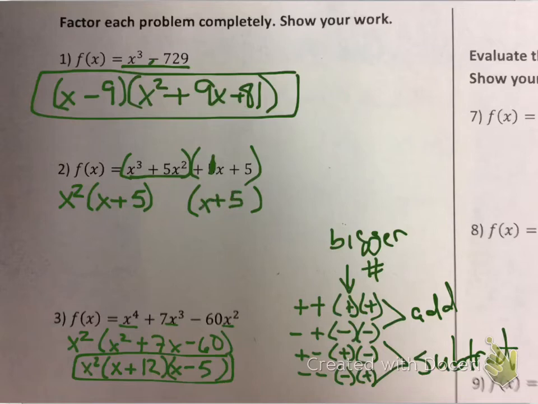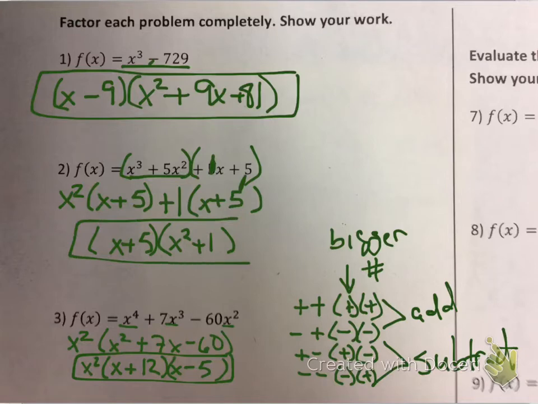So with factor by grouping, you always have a repeating parentheses. 5 divided by 5 is 1. Now I can say my repeater is x plus 5. The ones that were outside the repeaters, x squared and 1, go together, and I am done. And there is factoring. Now notice, these say just factor. So keep that in mind.